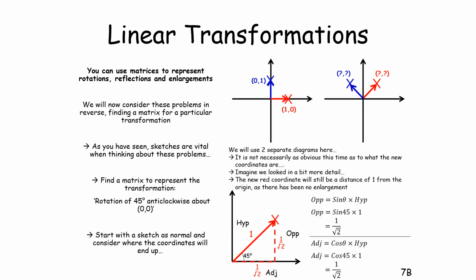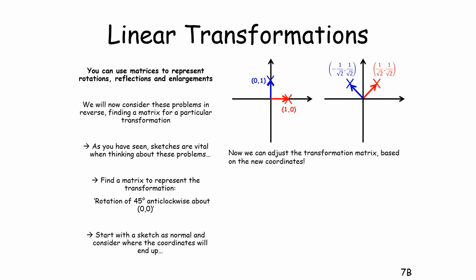Okay, so now we have the values here of the opposite and adjacent. We could also just work that out by intuition. It's just on this side here on the left hand side, so we'll have -1 over √2, and the height is still the same, so it's 1 over √2.